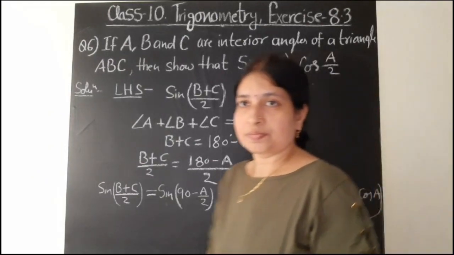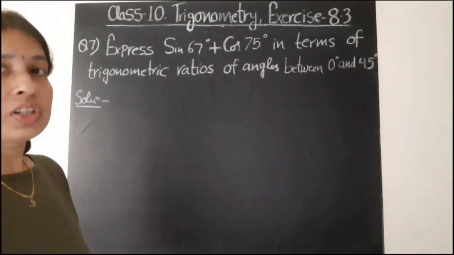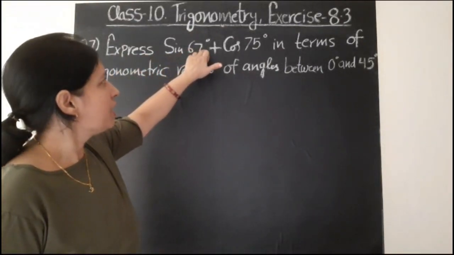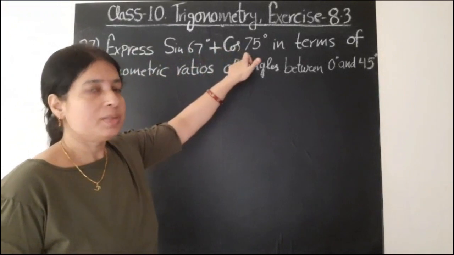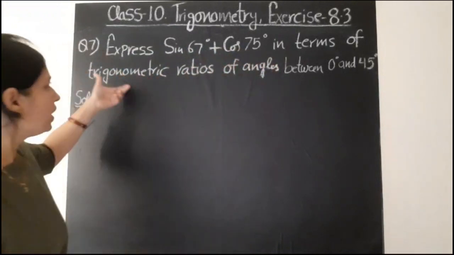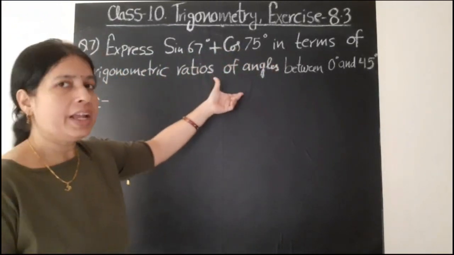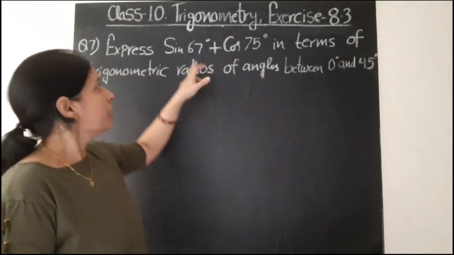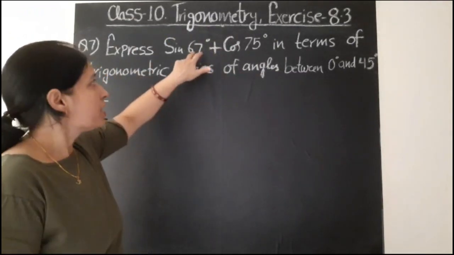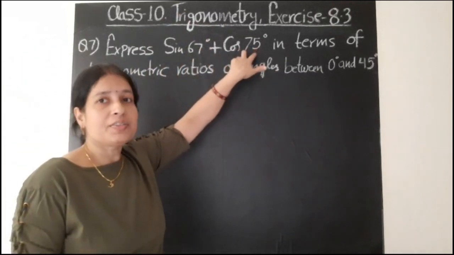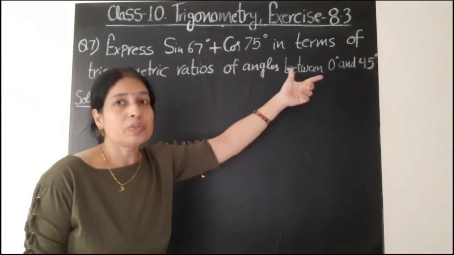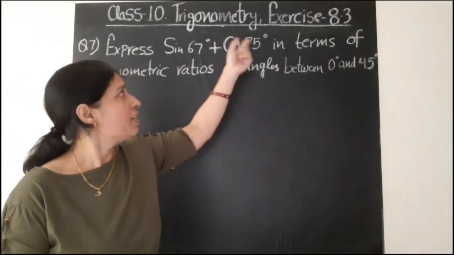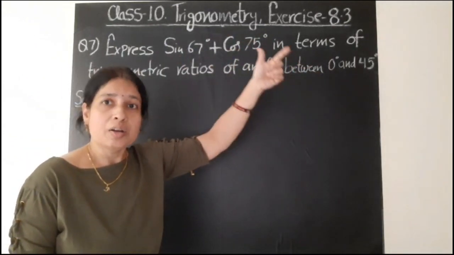As proved. So let us see question number 7. Express sine 67 degree plus cos 75 degree in terms of trigonometric ratios of angles between 0 and 45 degree. Here we have to convert this 67 degree and 75 degree in between 0 and 45 degree. 67 degree is greater than 45 degree, 75 degree is also greater than 45 degree.